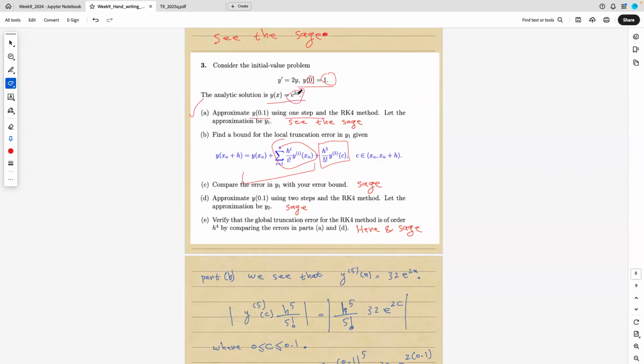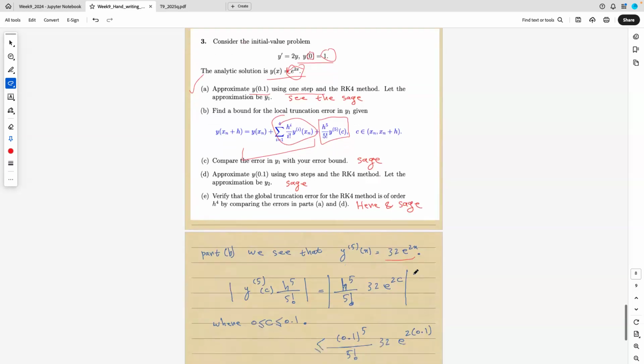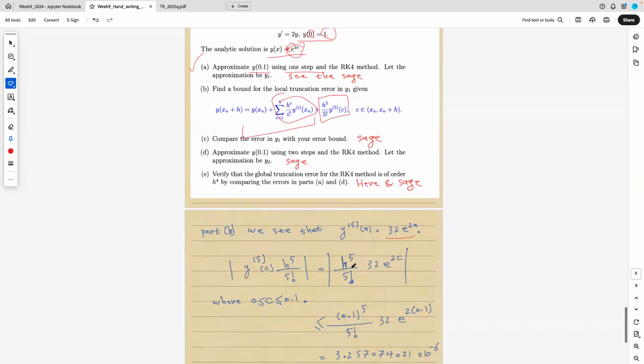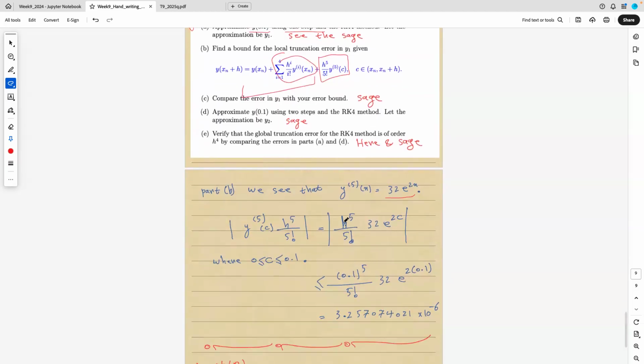Since it's exponential, we are lucky that it's exponential 2x, and this 2 comes out 5 times, so it will be 2 power 5. That's why this will be 32 exponential of 2x. So again, substituting h by this, 1/10, and c belongs to this interval between 0 and 1/10.